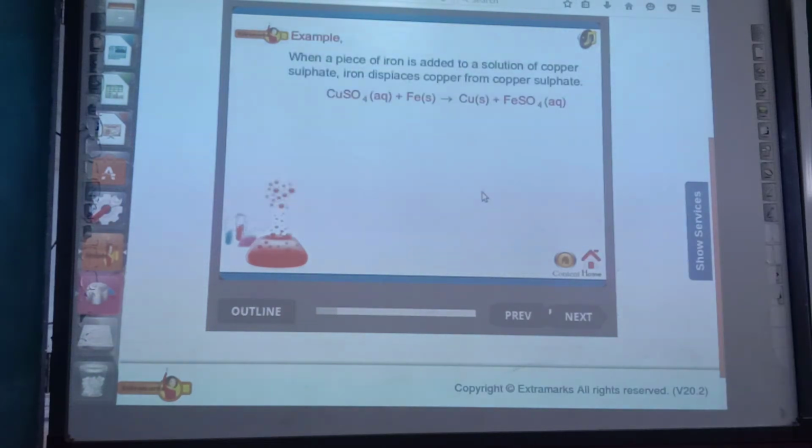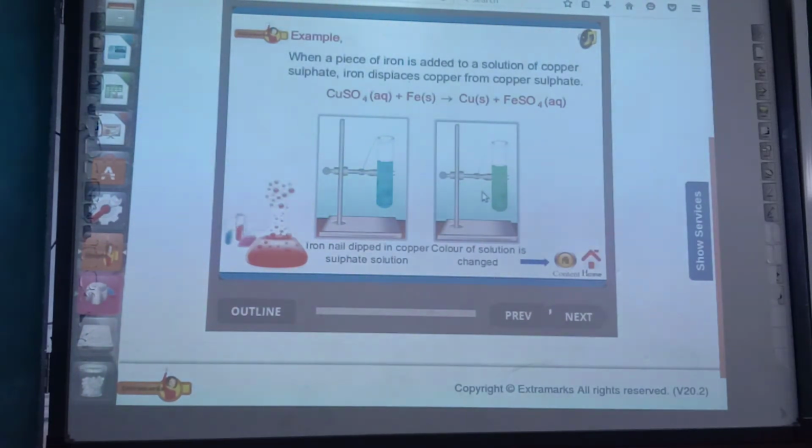For example, when a piece of iron is added to a solution of copper sulfate, iron displaces copper from copper sulfate. Let us watch an animation for the detailed explanation.